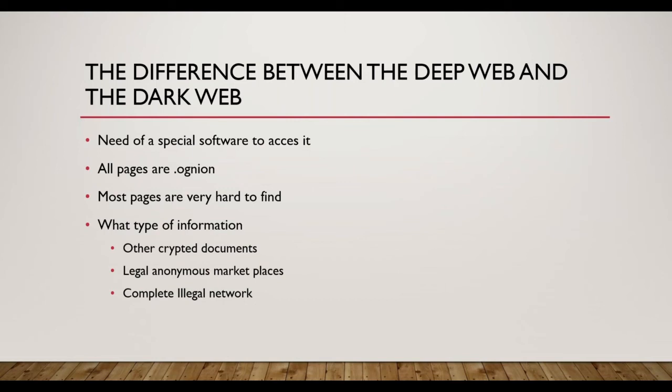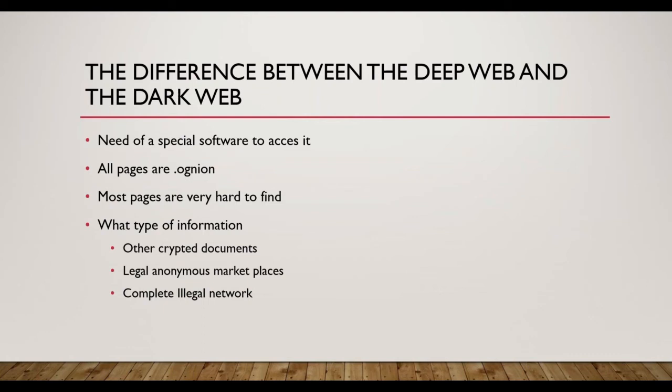And another difference between the surface web and part of the deep web and the dark web is that on the dark web everything is anonymous. So it's not on the PowerPoint, but everything on the dark web is, let's say, anonymous, because the software that you are going to use, which is Tor, helps you stay anonymous.